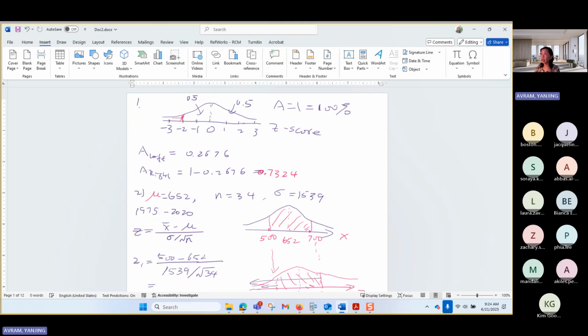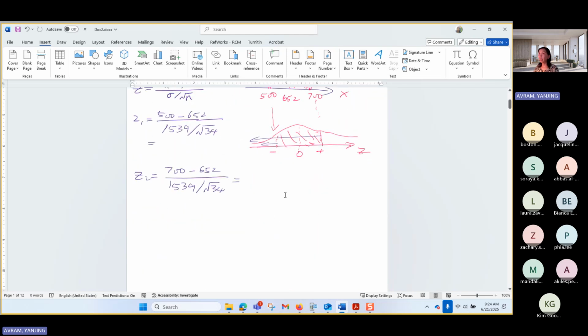If you want to find the area to the right, you're using 1 minus area to the left, right? But if you want to find the area in the middle, we need to have two areas, area 1 and area 2, and then using area 2 minus area 1 will be the area in the middle.